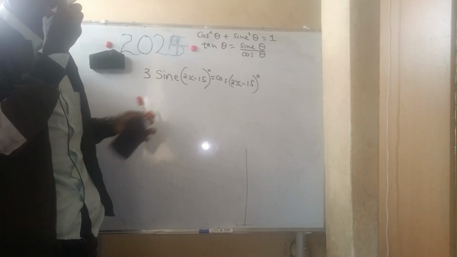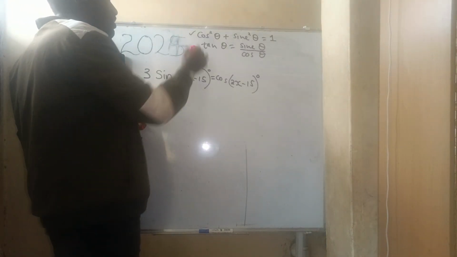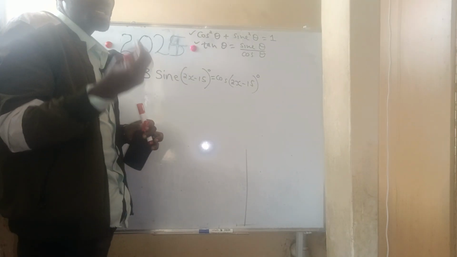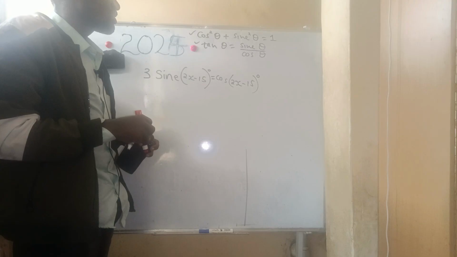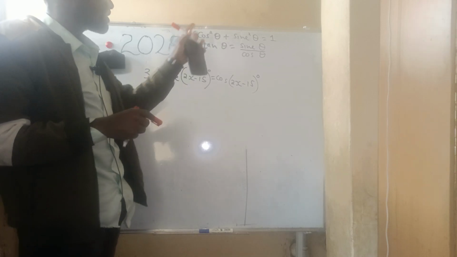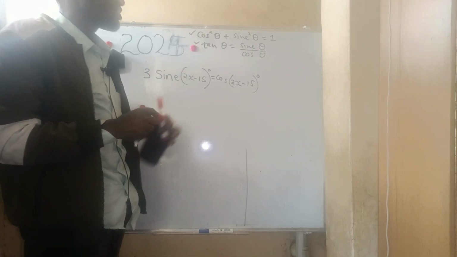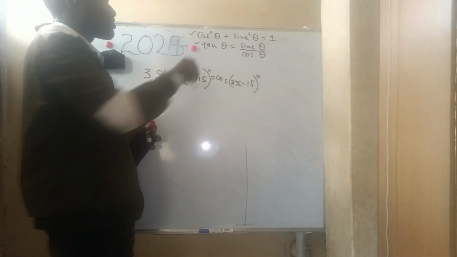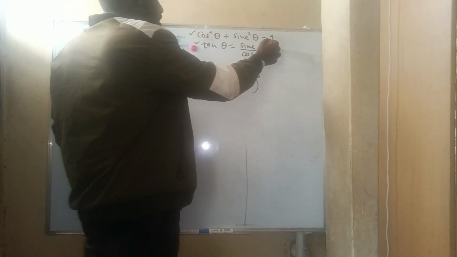So you can either employ the use of this or this. When you get the tan of theta, the answer must be equal to the sine of that angle divided by the cosine of that angle. And because we may not be able to use the first concept, because none of these functions is squared, we can decide to use this.